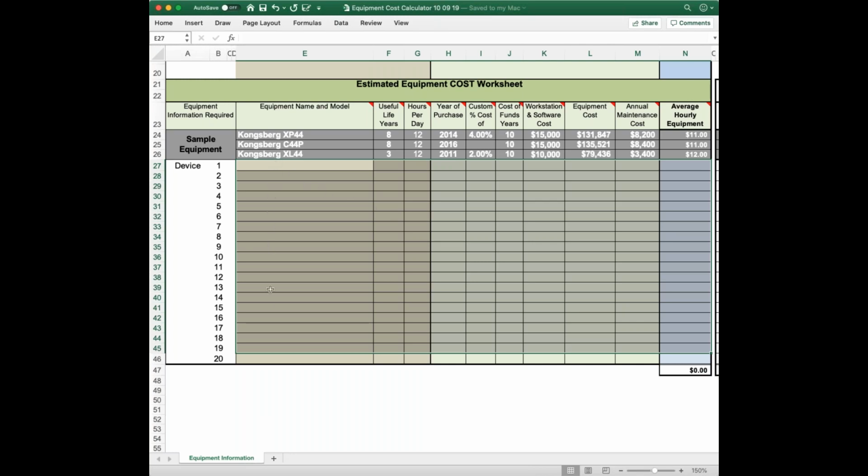That person is going to create the list, and they're also going to indicate their best judgment of how many years that piece of equipment has left in it. It's quite likely that it may be fewer years, perhaps even than what it was financed at.